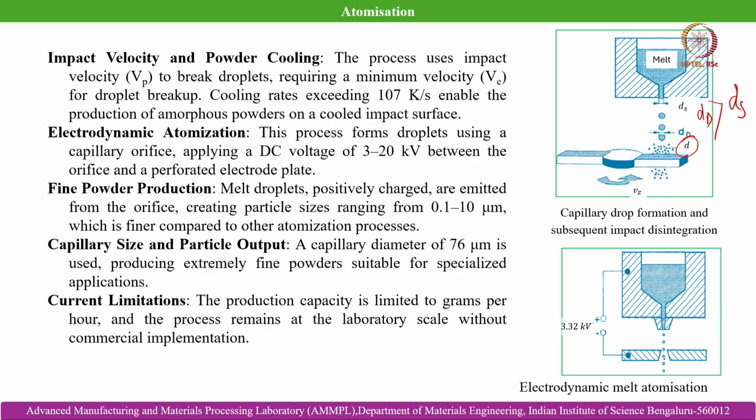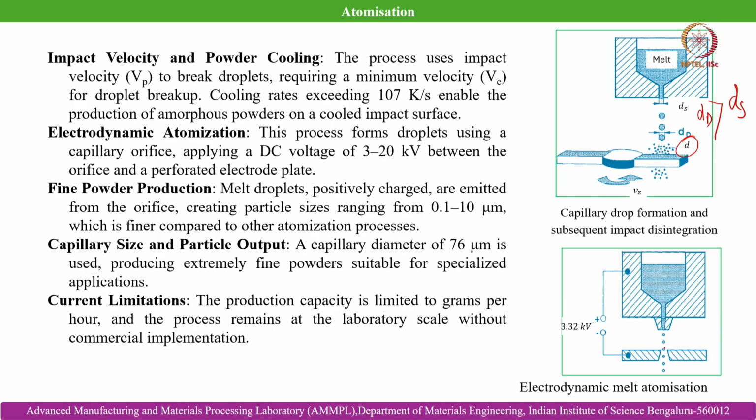The capillary channel used in capillary drop formation is similar in electrodynamic melt atomization also. However, in this case, instead of a physical impact or mechanical disintegration, it is the electrodynamic effect, by applying the DC voltage, that we use to achieve droplets of the desired diameter and subsequent powder particle preparation, and fine powder production.